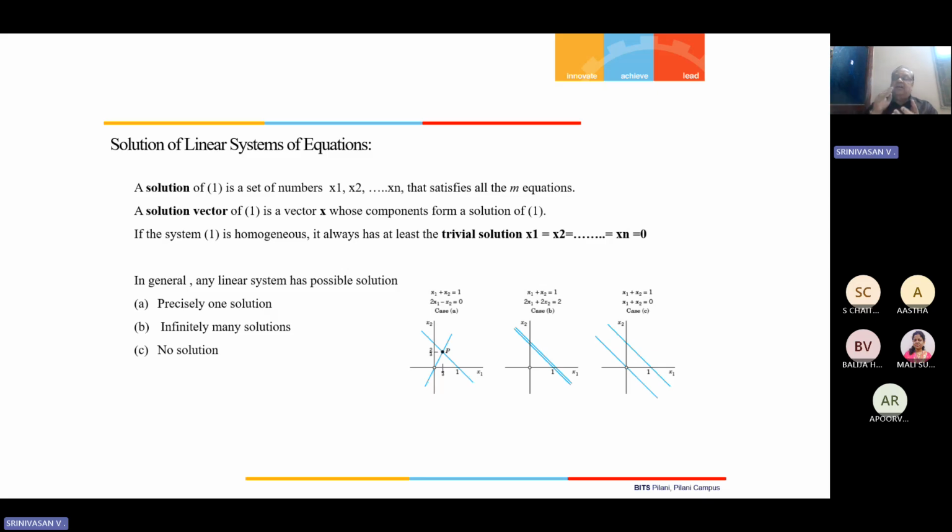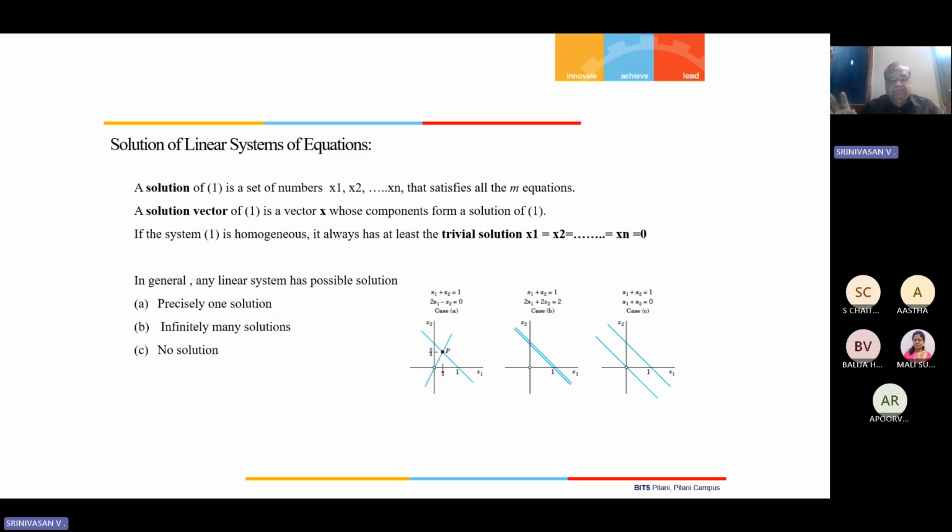In which case, though the system is consistent, it has infinitely many solutions. And finally, if rank of A is not equal to rank of AB, we can say the system is inconsistent, which means there is no solution.